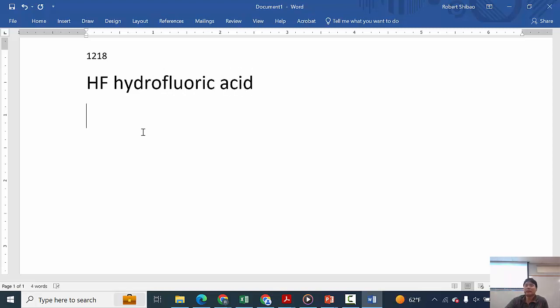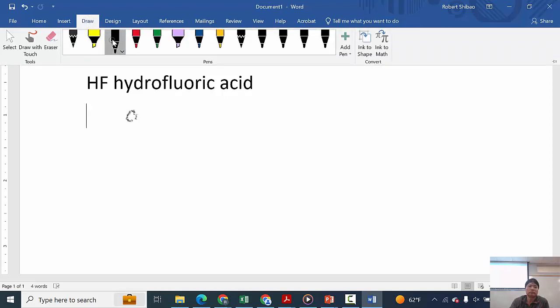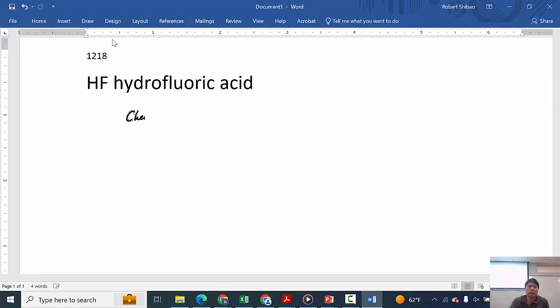And so one of the chemical properties is it's an acid, right? So one, it's an acid. What do acids do? Acids react with bases. And typically what we think of is an acid is a proton donor, and a base is a proton acceptor.